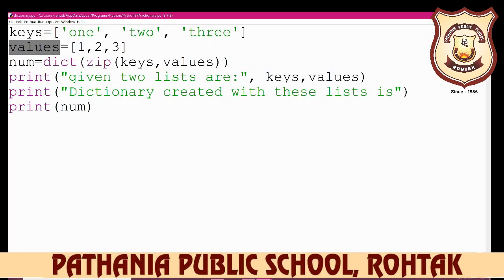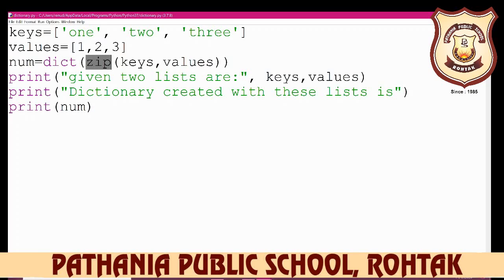So we have defined the keys list, and second we define the values list. After that we have taken one variable here, the name is num, and in num we have used the dict constructor, and constructor means your function that works the same as a dictionary. Then you can use zip to combine keys and values here.